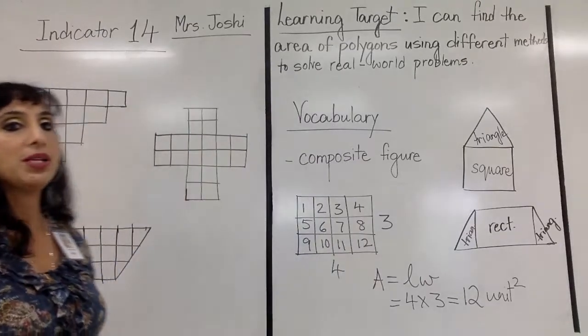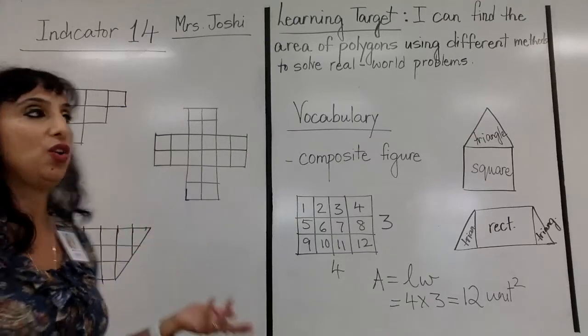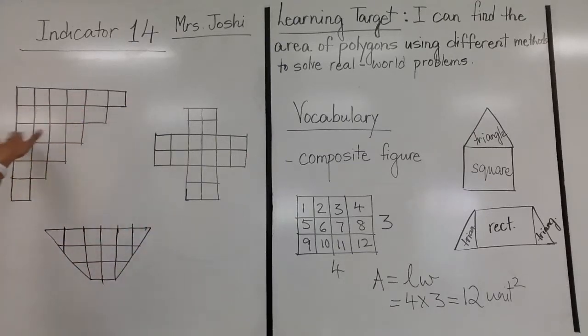But let's say I have some composite figures given to me over here. They haven't given me the formula, but you could have gone shape by shape. You could have found area of this rectangle, this rectangle, this rectangle, this rectangle, this rectangle, and this square, and then you could have added it all up, so it made it into a composite figure. Or I could go straight up like this when it's already drawn out in squares.